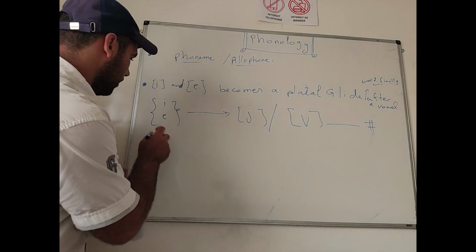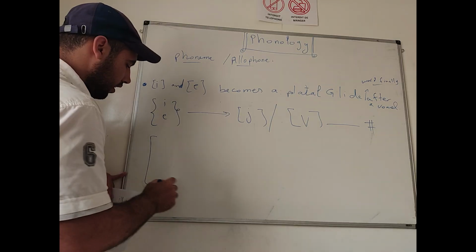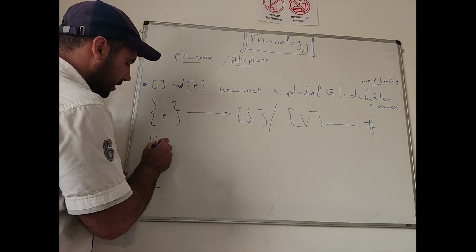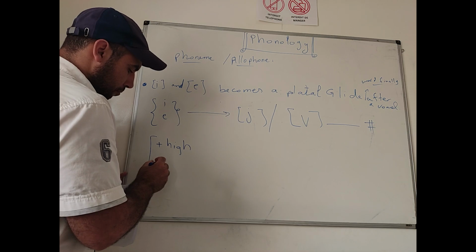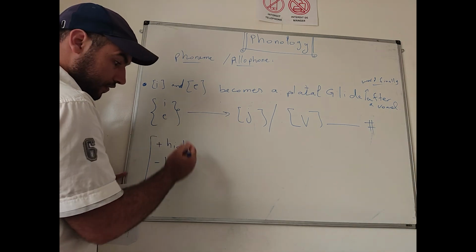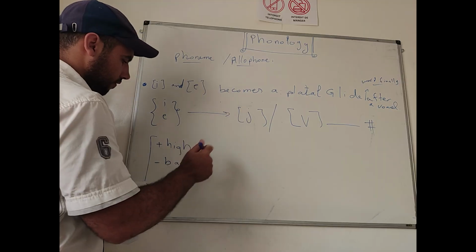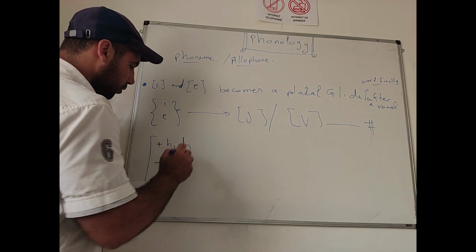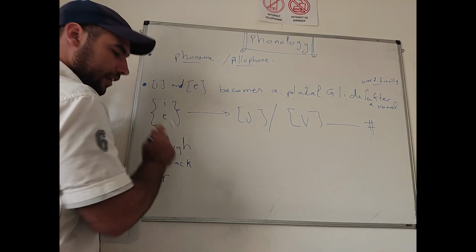Here we can say the E and S sound, which is in common between them, is plus high, minus back, which is front. What else? It is minus round.